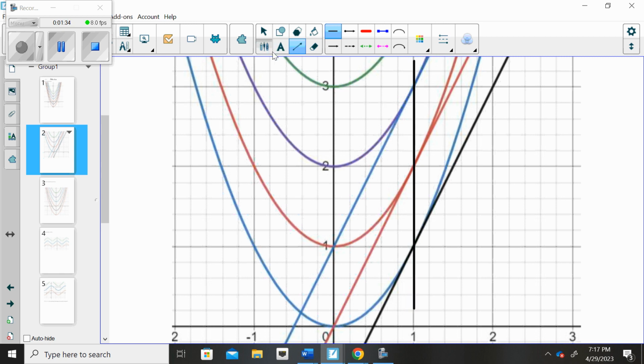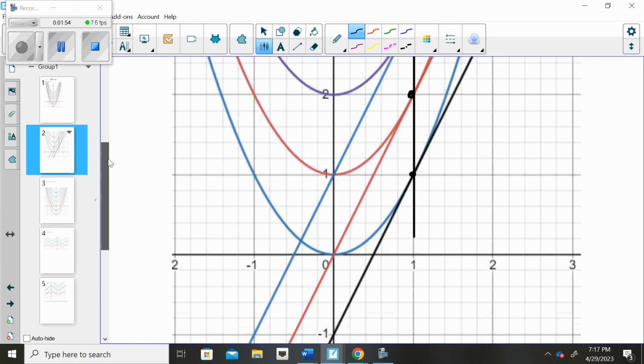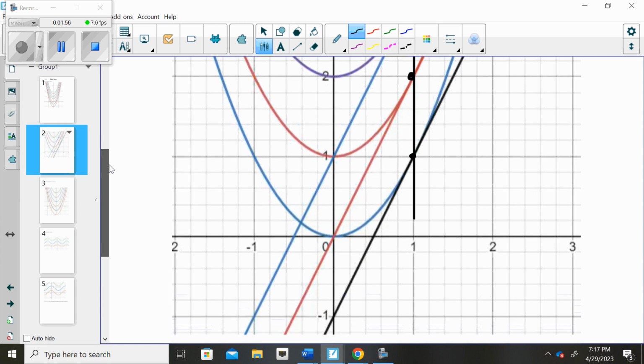I drew tangent lines to the curve at these three different curves. One of them's x squared, one of them's x squared plus 1, one of them's x squared plus 2. And what we can see is that the tangent lines drawn to the curve at x equals 1 are all parallel.